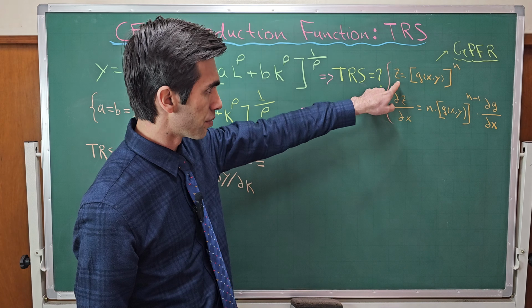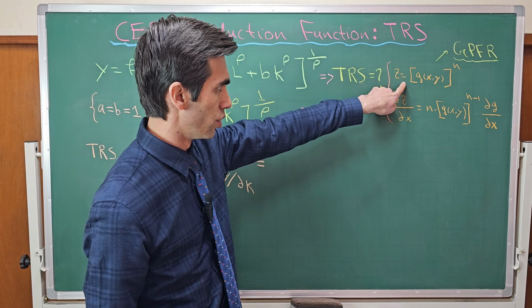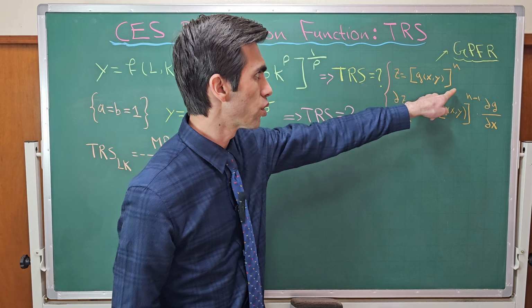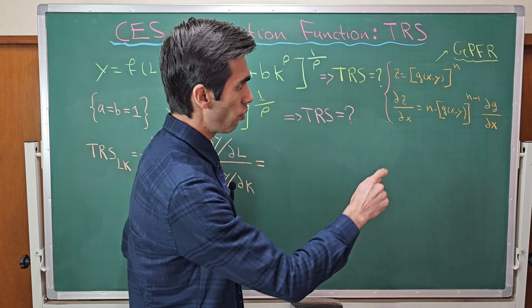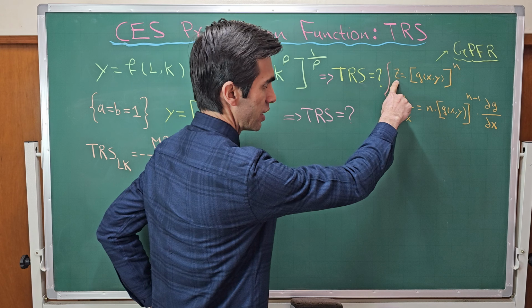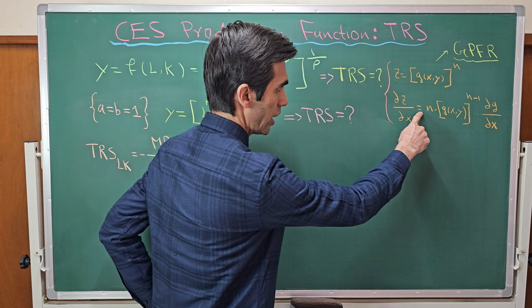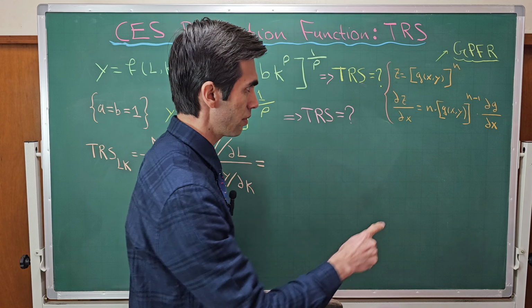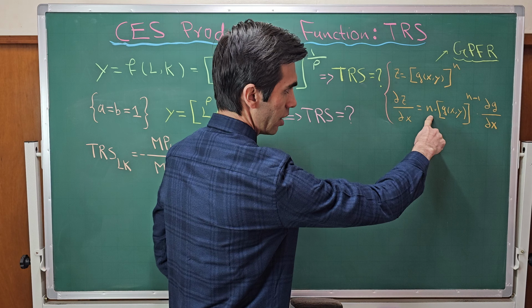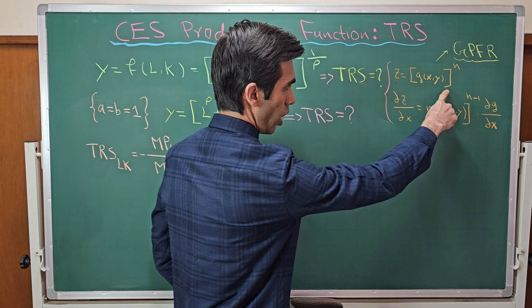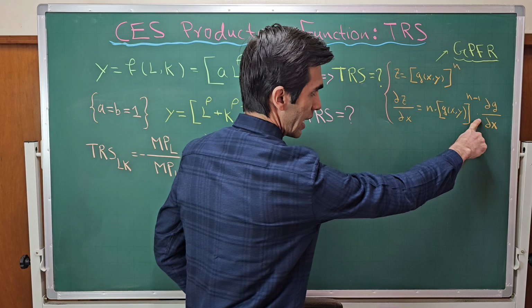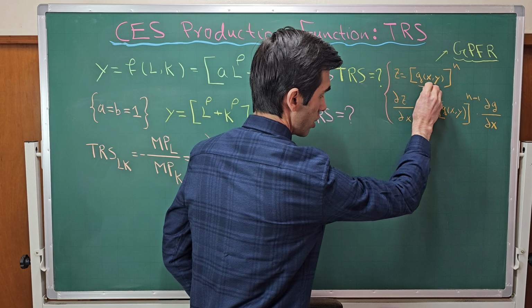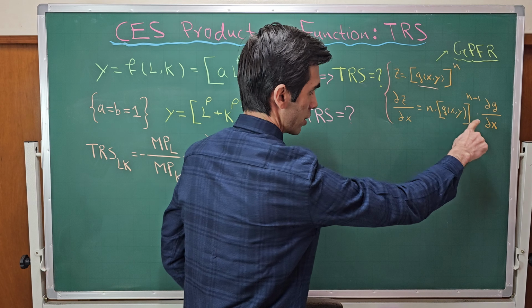If we have z equal to g(x,y) to the power of n, then the partial derivative of z with respect to x is equal to n, multiplied by g(x,y) to the power of n minus 1, multiplied by the partial derivative of the inside function g with respect to x.